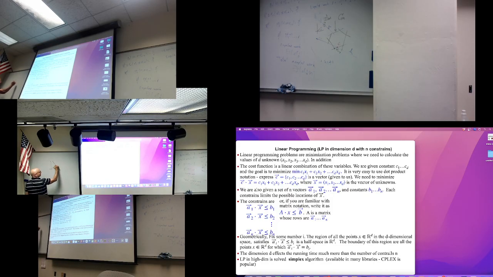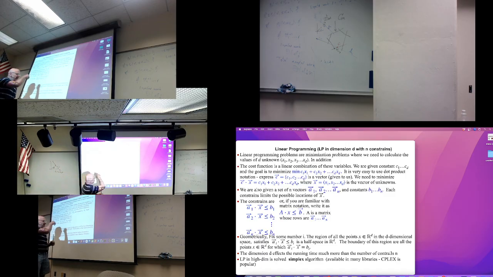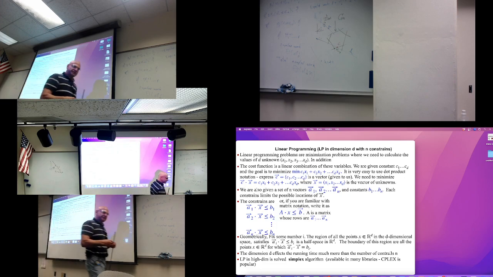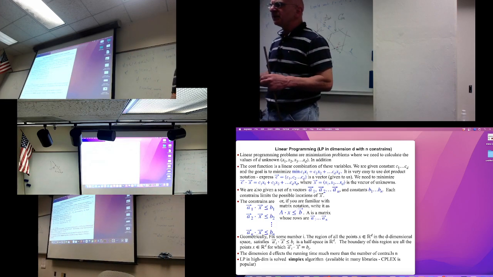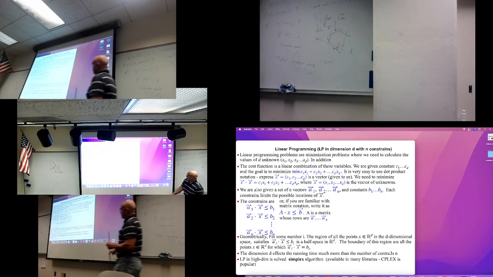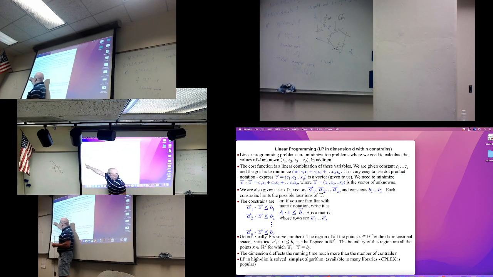I'm looking at all the points A1x such that A1x is larger or equal than A1 times P, some constant. All the points on one side of the line corresponding to it, or the half space, or inside the half plane, half hyperspace, and so on. So this is what this constraint implies.